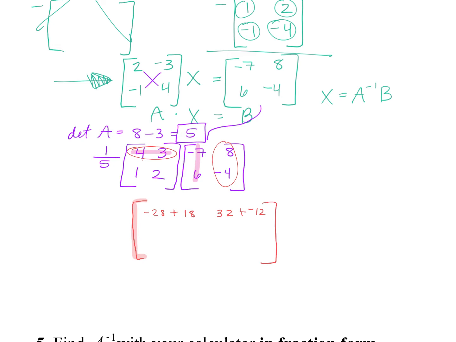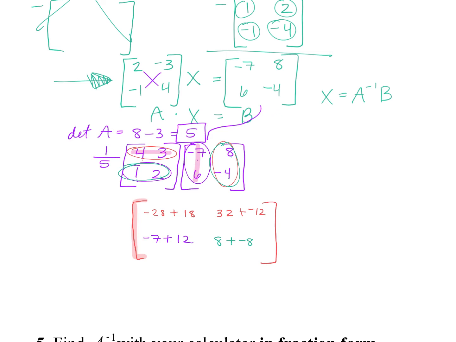Okay, now we go second row, first column. So 1 times -7 is -7. 2 times 6 is 12. And then last one, second row, second column. So 1 times 8 is 8. 2 times -4 is -8.